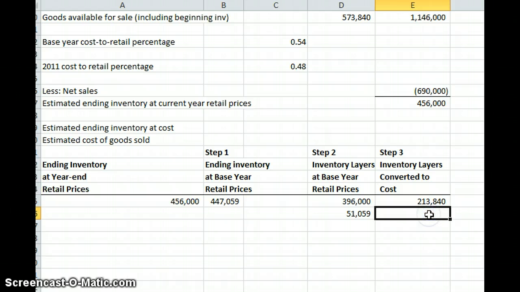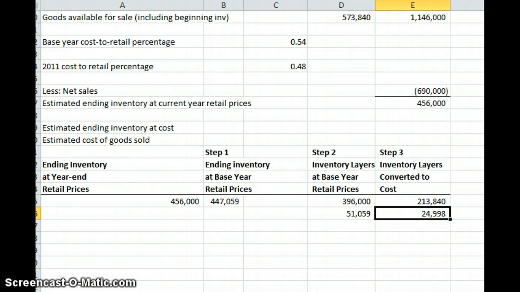Next, we need to convert that inventory layer to cost. So we're going to take our inventory of 51 times our index of 1.02 times our cost to retail percentage that we had calculated earlier, 48%, and that gives that layer, our 2011 layer, at our 1.02 retail price, of 24,998 as our cost.